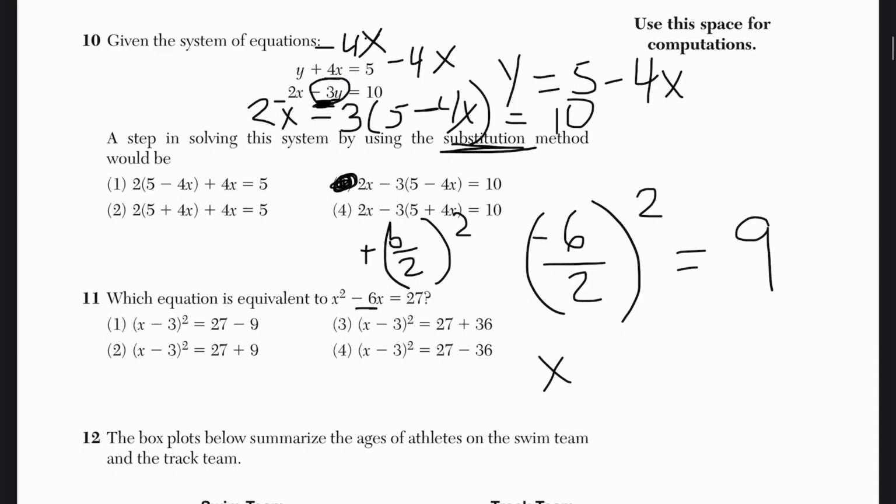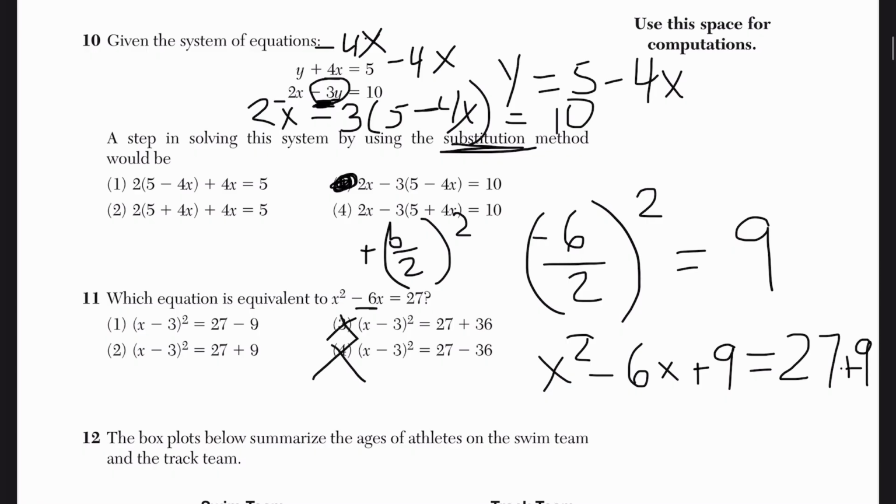So we're going to add positive 9 to both sides. And right away we can cross out answer choices 4 and 3 because they're adding 36 to both sides. Well actually, sorry, one's adding negative 36, but they're trying to get us to think that we have to add b squared to both sides, not b over 2 squared.